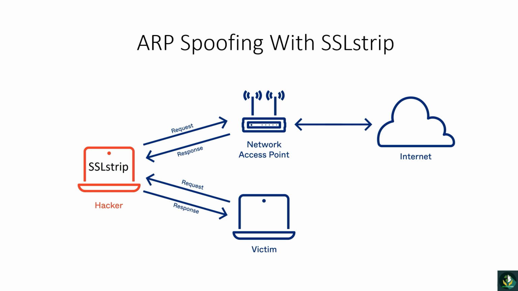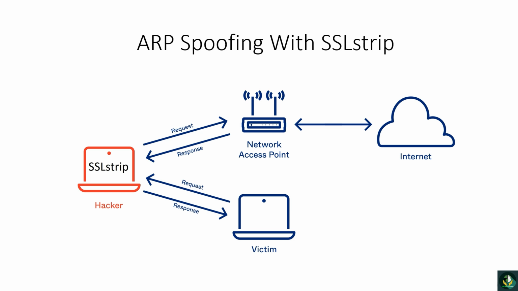So now we are able to get the HTTPS response from the internet, and we are able to read it because we are the ones initiating the HTTPS requests. So you can see that the HTTPS cycle is only between us and the web server, and not between the victim and the web server.